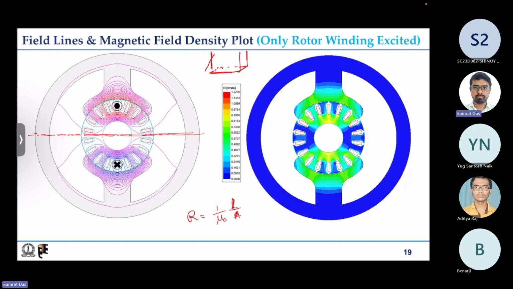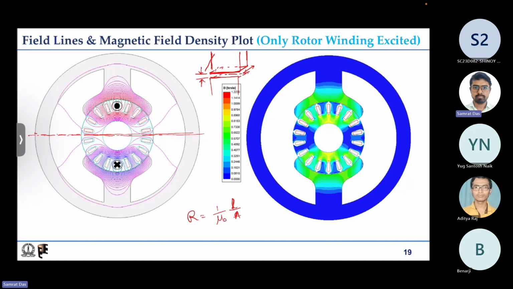This is the axial depth, and this is the width of the pole that we are able to see. And if we have another pole directly facing this one, and if the gap between these two surfaces is quite small, then we can approximate the path to be straight lines between these two surfaces.